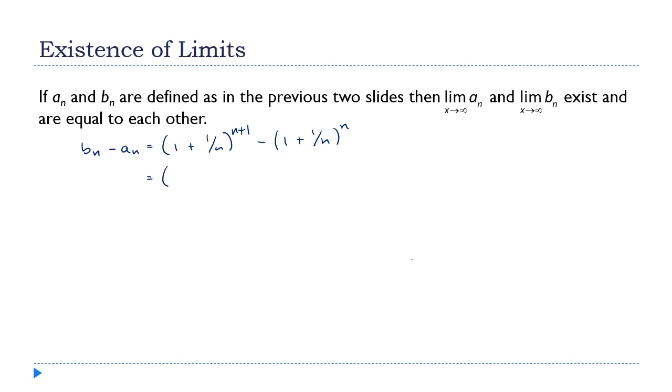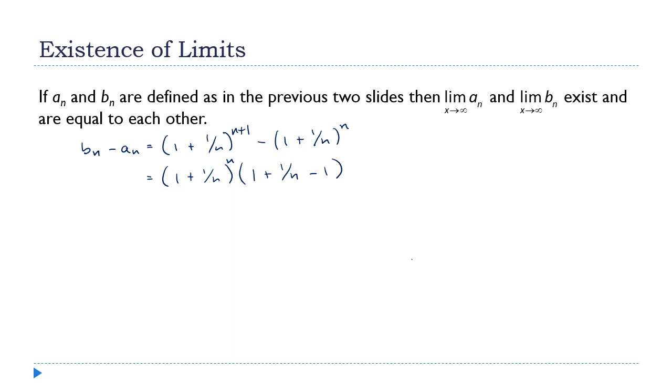I'm going to factor out (1 + 1/n)^n. That leaves (1 + 1/n) from the first part and just a minus 1 from the second. Whoa, I lost an exponent though, didn't I? That's to the nth power. All right, so what is this?